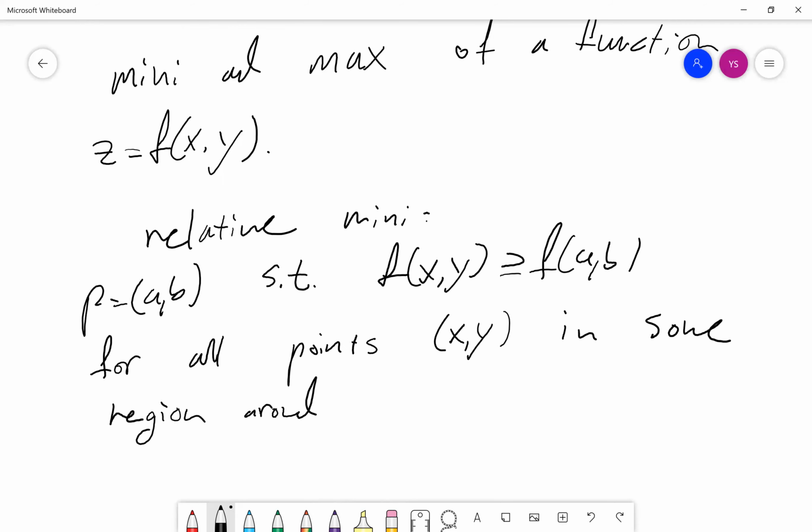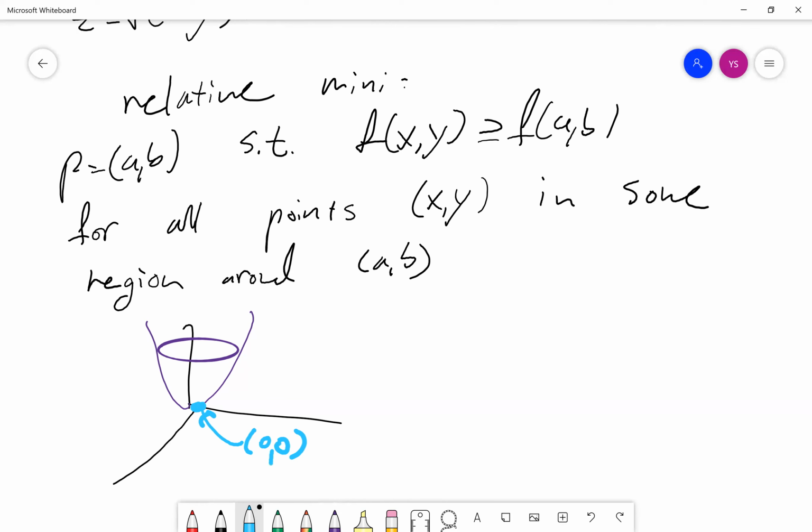So we can think of, here's our function. So let's say this is our function. Its relative minimum is right over here, and that's at 0, 0. Now, this is also its exact minimum. So it is the minimum.